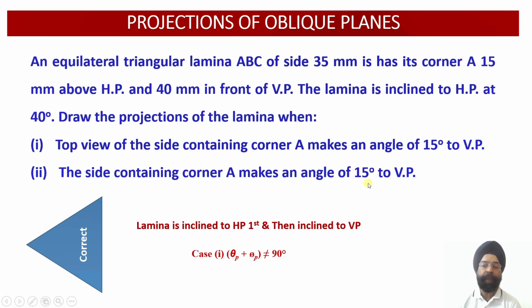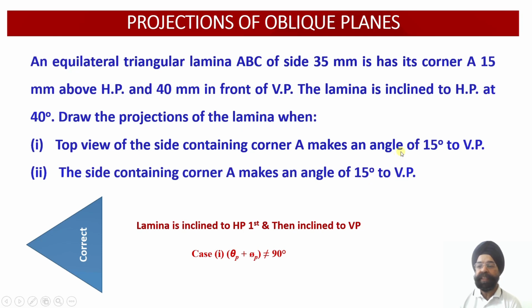Here we are talking about the true length of the side. It can be either this side or this side. That is, true length of the side means that the true length is equal to 35 mm. So this true length of this edge makes an angle of 15 degree with respect to VP. That is, this is the angle phi we are talking about.